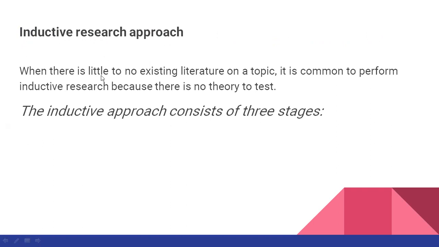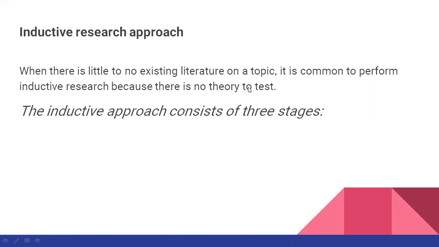When there is little to no existing literature on a topic, it is common to perform inductive research because there is no theory to test. Remember, when we have no literature or only very little literature on a topic, we have to follow the inductive research approach, because there is no theory to test.